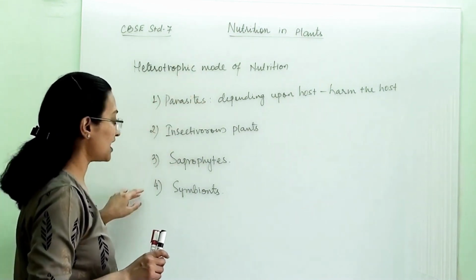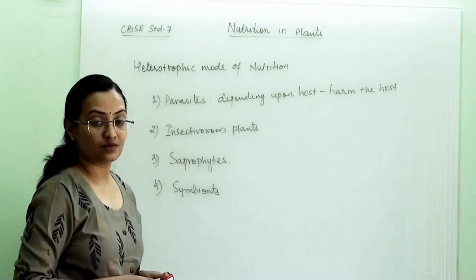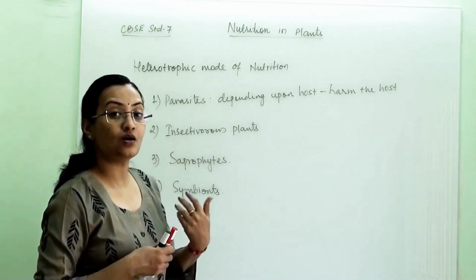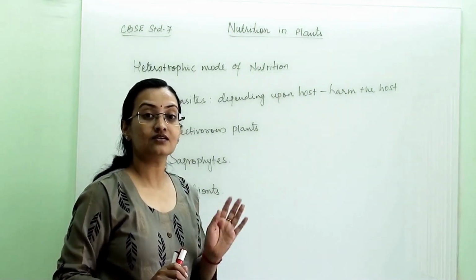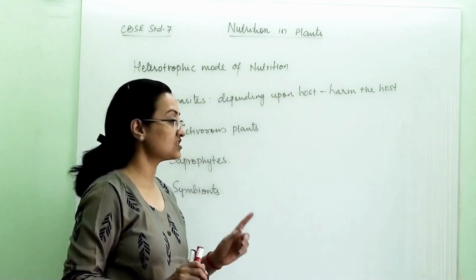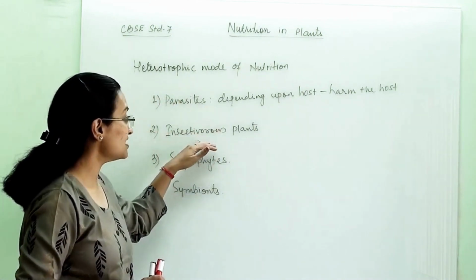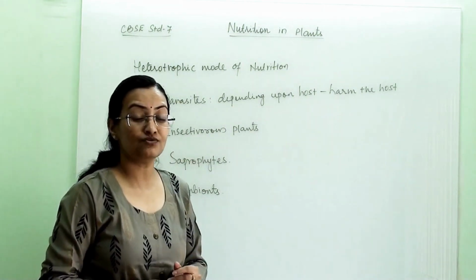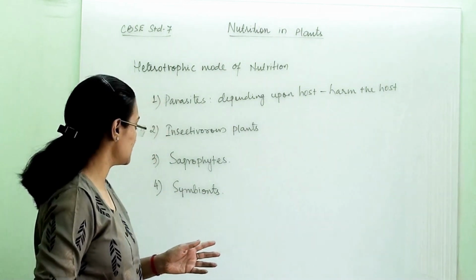Now there are four types of heterotrophs. First one are parasites. Parasites means they are depending upon a host. They are harmful for the host, and they are surviving upon the host. They are termed as parasites. Then second are insectivorous plants. Plants which are eating insects are termed as insectivorous plants.